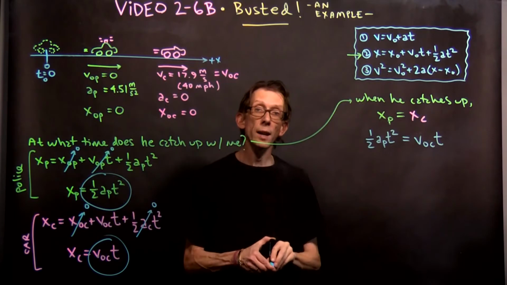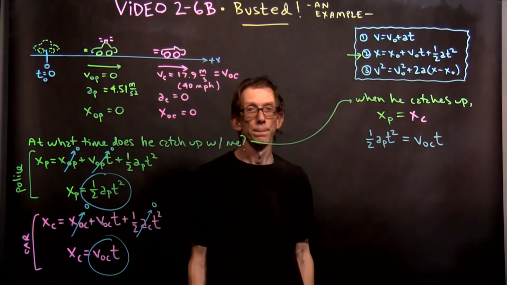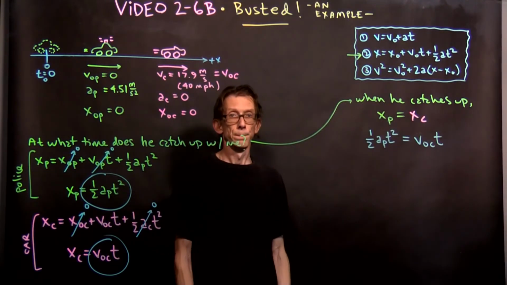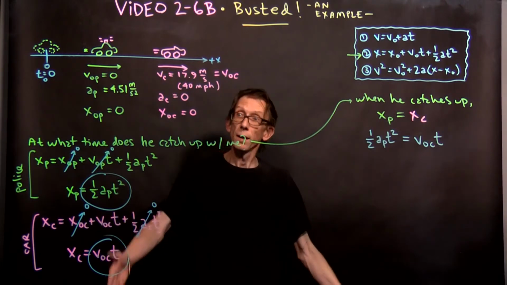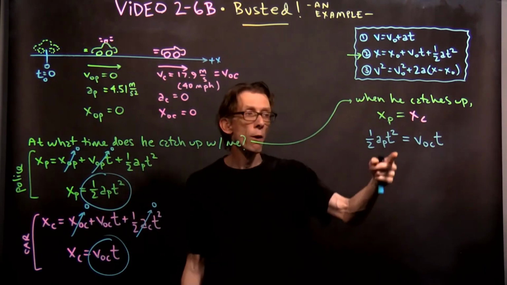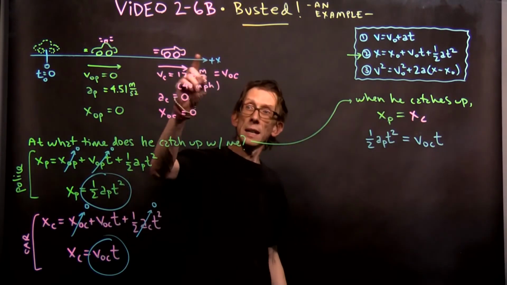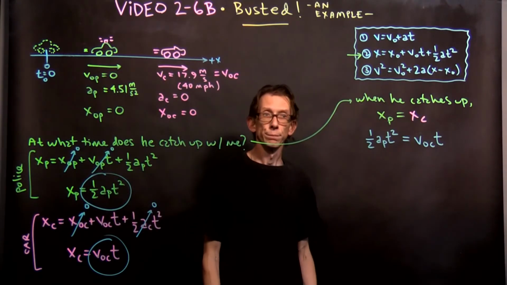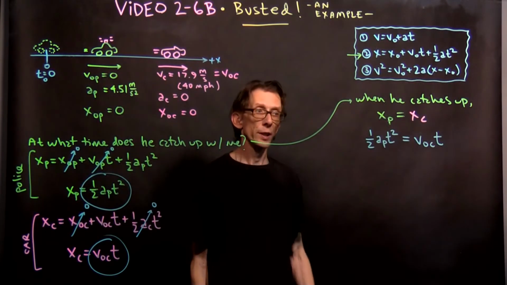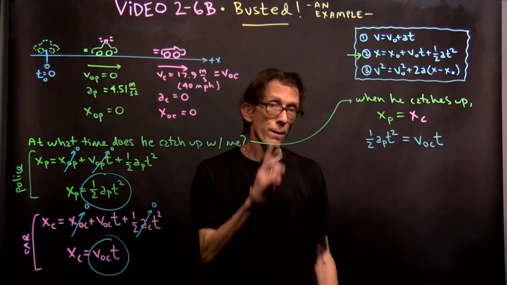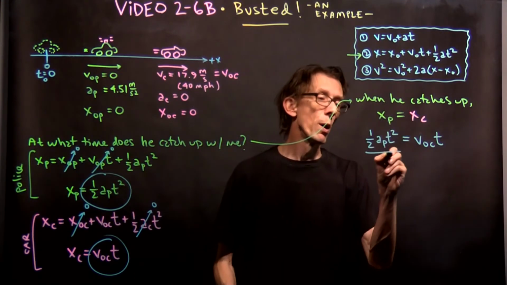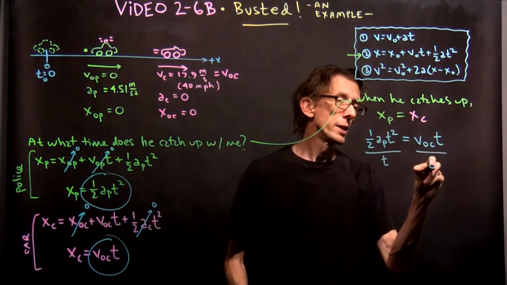We know everything but t. We know a sub p is 4.51. We know v naught sub c is 17.9. So we can solve this for t. First thing to note is that we can divide both sides by t itself.